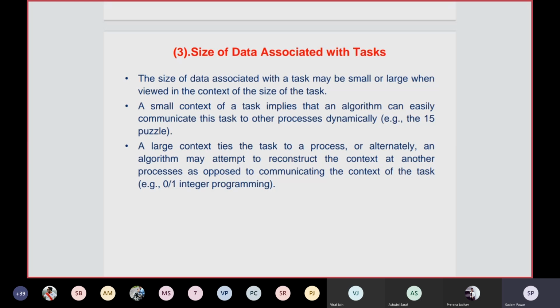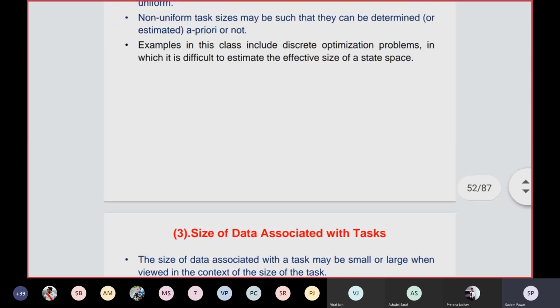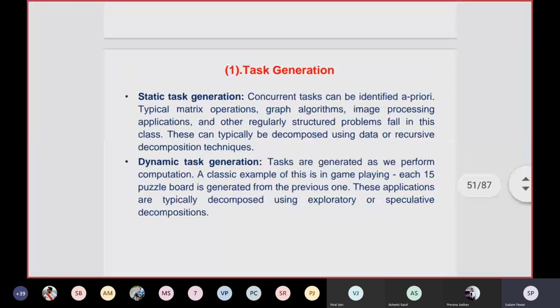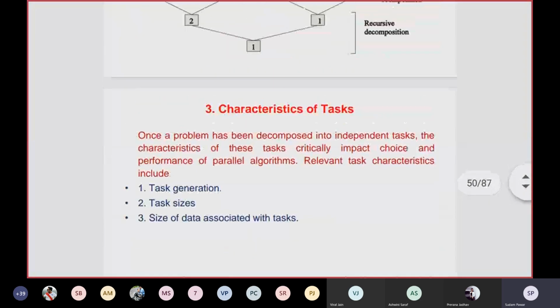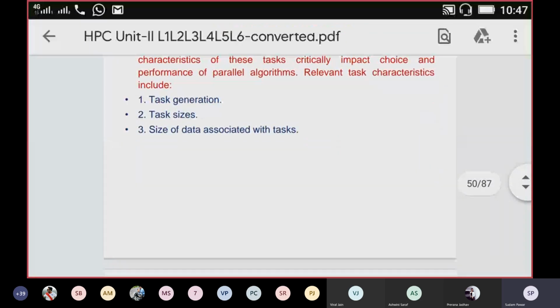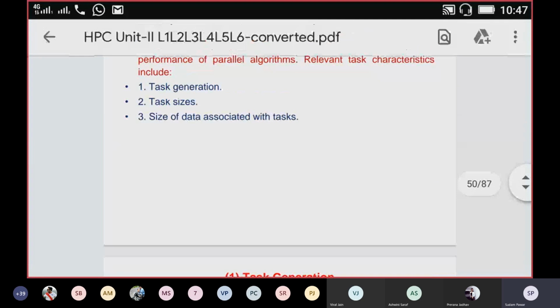So these are the three characteristics of the task: task generation, task sizes, and the size of data associated with task. So the question will be, what are the characteristics of task? This may be asked for 5 to 6 marks in some examinations.